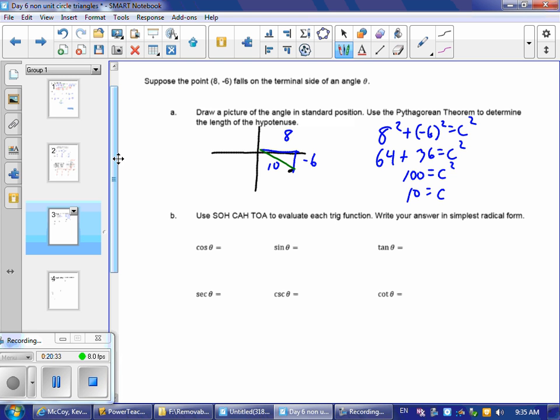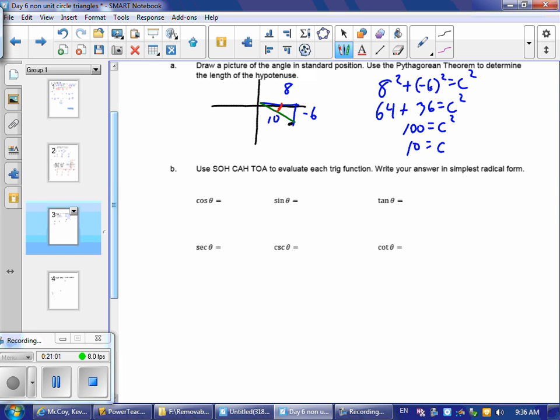And here is the angle that we made right in there. So now we can use that information to be able to figure out our 6 trig functions. And the negatives are already in the correct place, so just make sure you keep that straight. The only thing it does say we want to do is put this in simplest reduced form or simplest radical form. There actually won't be any radicals in this one because they're all whole numbers.